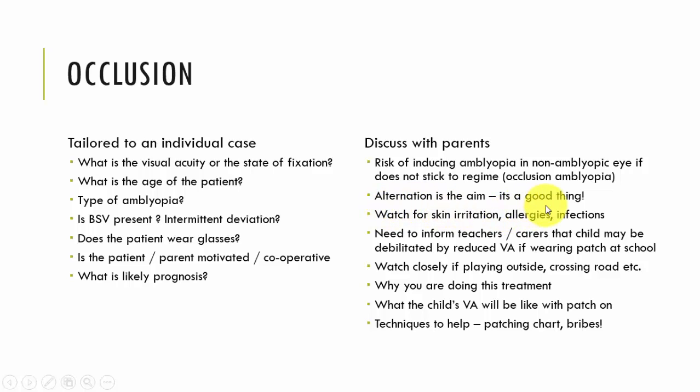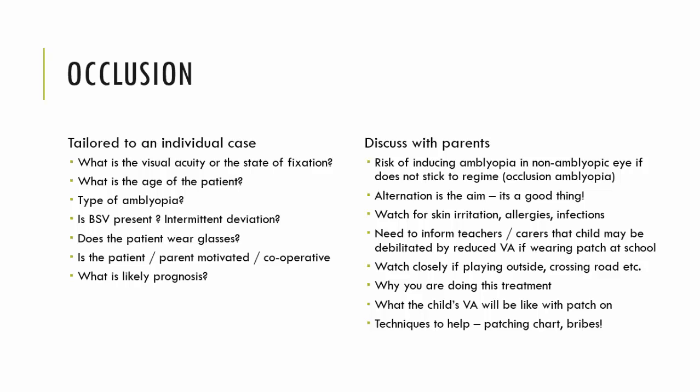What this means is that when you achieve equal VA, if the child has strabismus, it's likely or it's possible that the child may commence alternating. So the child will present, as an example, with a right ET and right amblyopia. And then through amblyopia treatment might become an alternating esotropia, which means sometimes they have a right ET and sometimes they have a left ET.